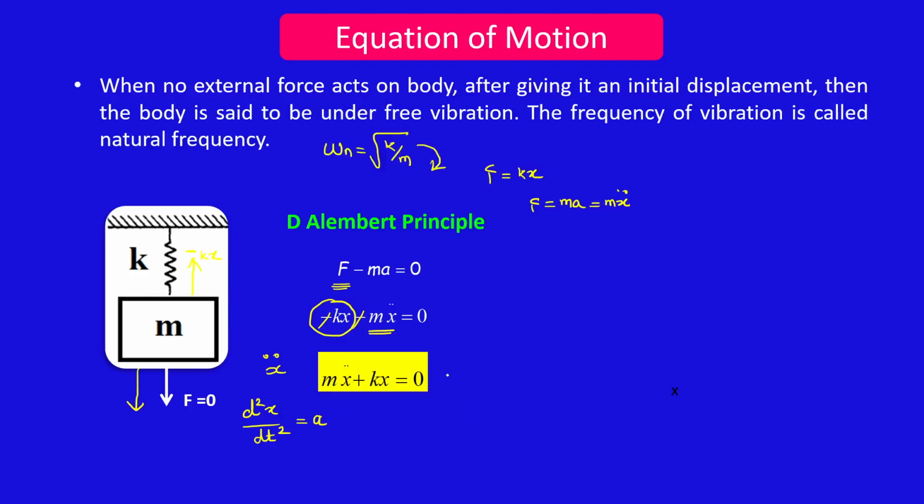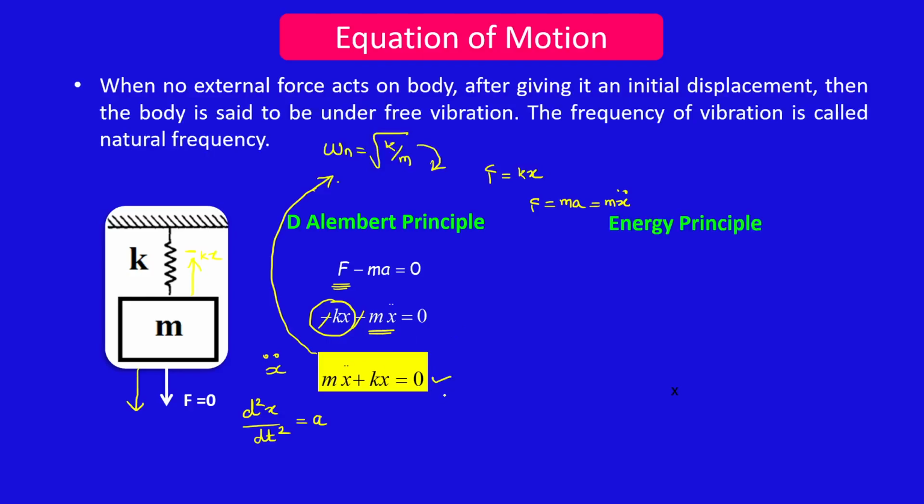This is a second order differential equation. When you solve this equation, you will get omega n equal to square root of k by m. This is called the equation of motion for free vibration: mx double dot plus kx equal to 0.